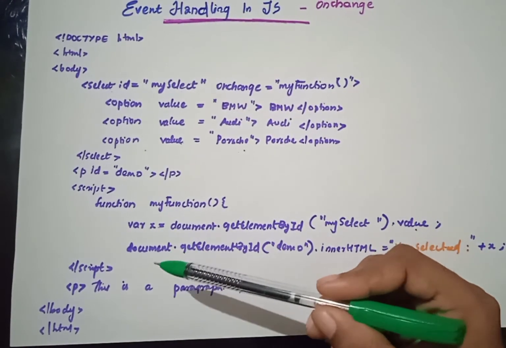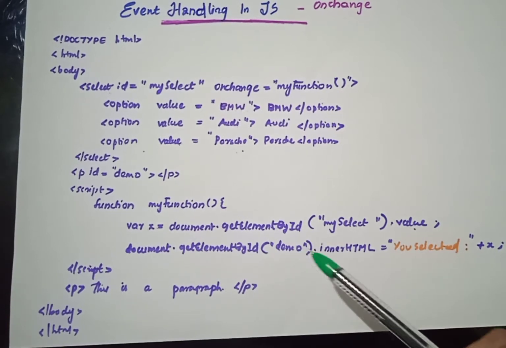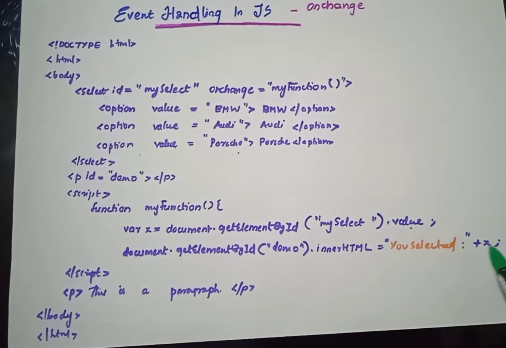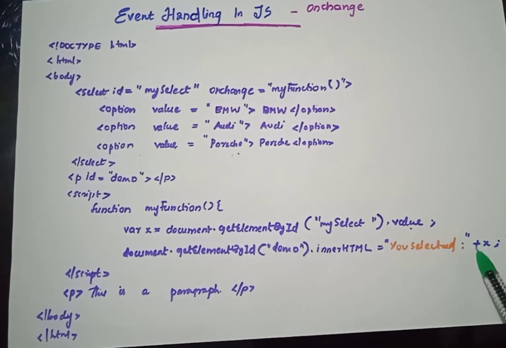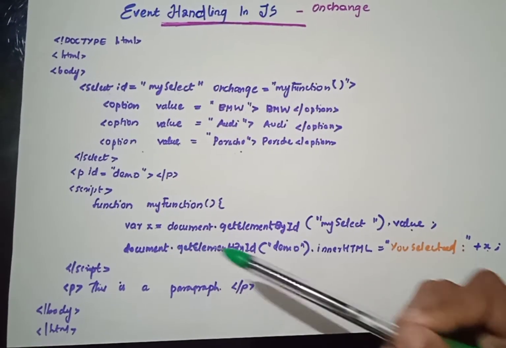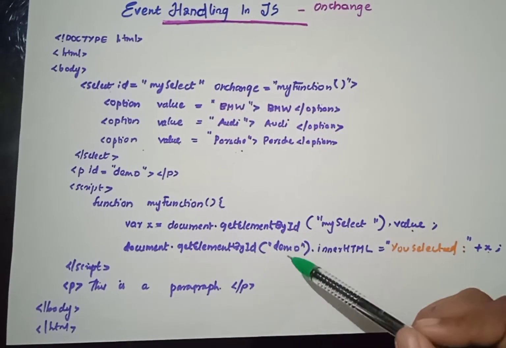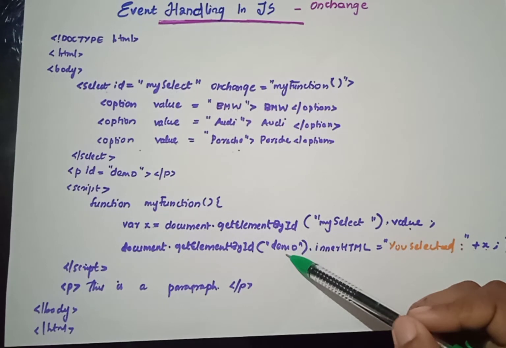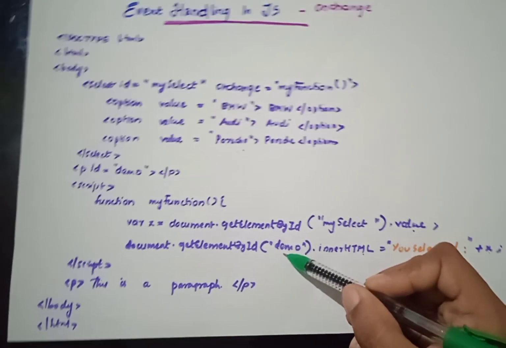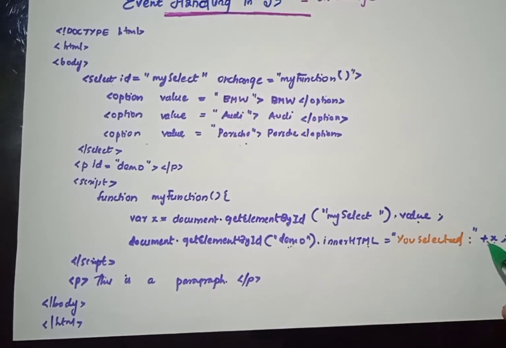Let's see the next line. document.getElementById demo dot innerHTML equal to You selected colon plus x. Let's see what these things are. Firstly we called the element having the id demo. Dot innerHTML is to change whatever content is inside this demo to the thing that we are going to define.